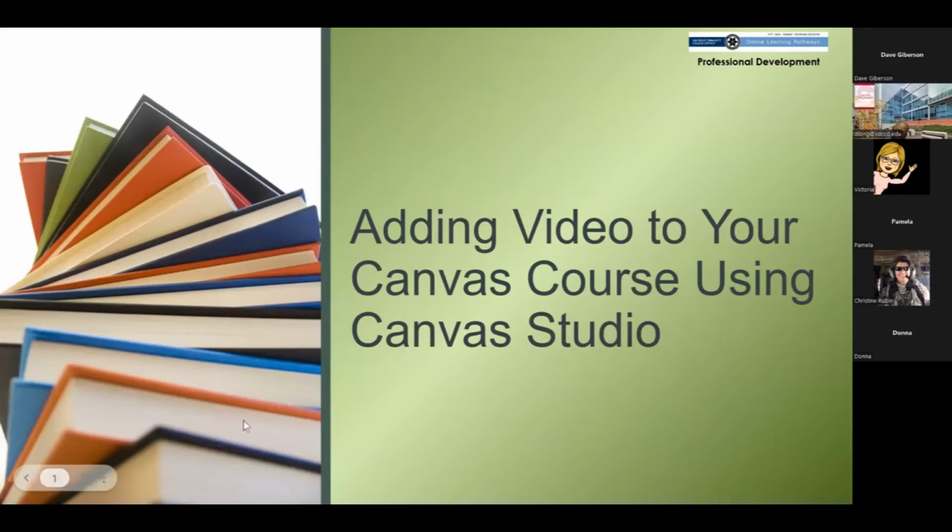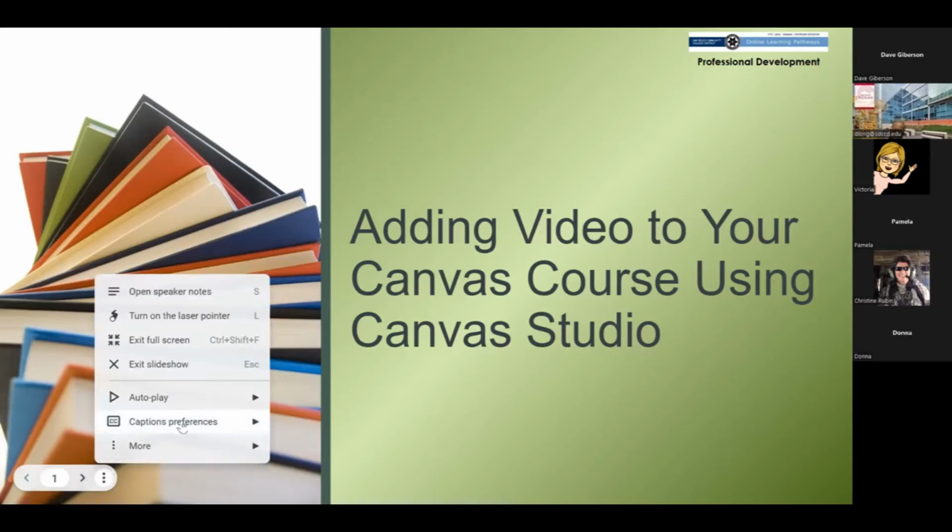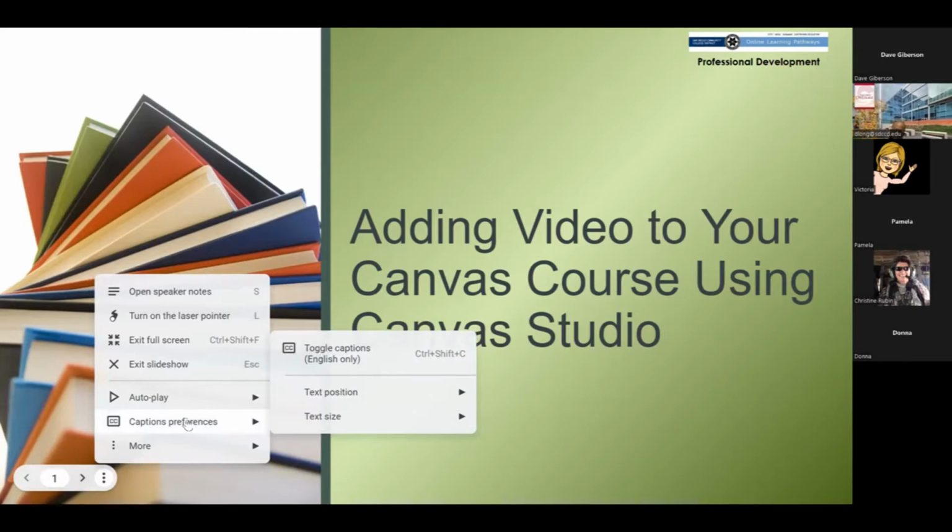And if I move my mouse cursor down to the lower left-hand corner of the screen, I get this little oval down here with a menu button in it with 3 vertical lines in it. I can click on that, and I can go to captioning preferences, and I can toggle captions on. I can also do that on the keyboard with Control-Shift-C.